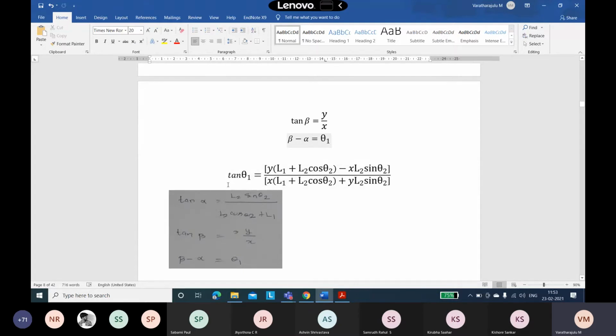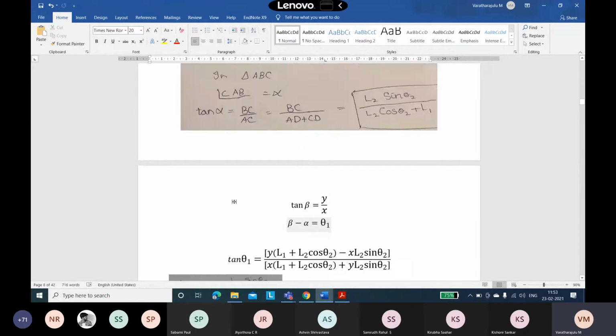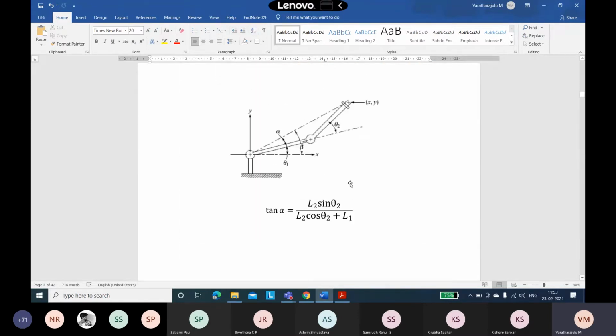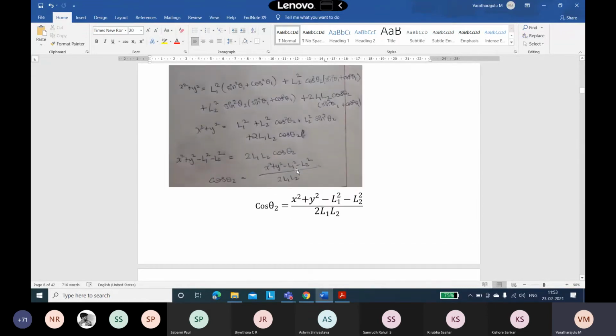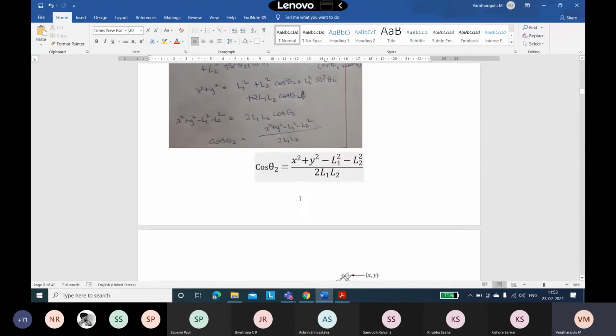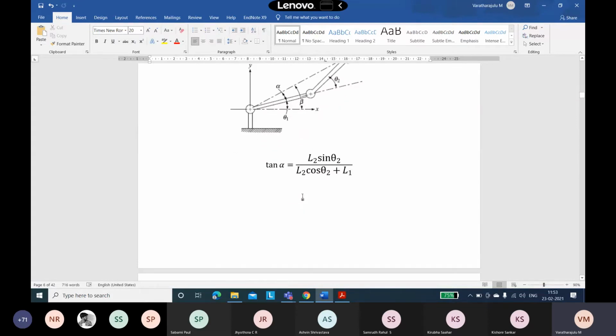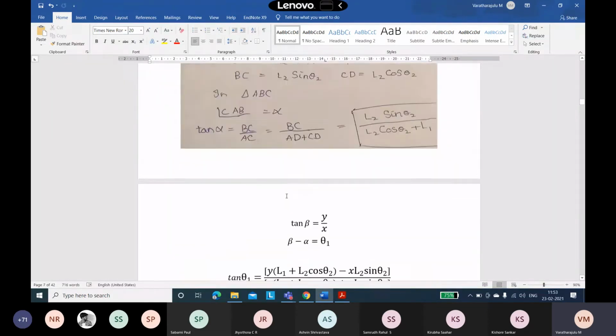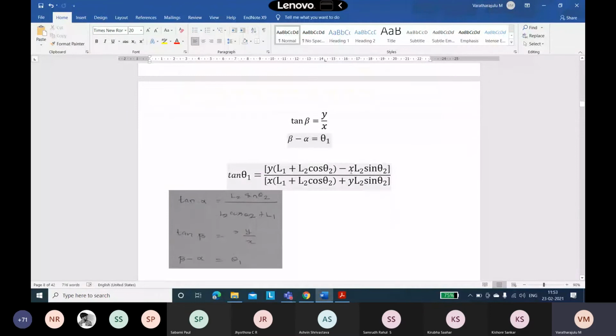Therefore, we need to get tan theta 1. We will derive tan theta 1. Now we are concerned about theta 1. Here we were concerned about theta 2, and now we will concern about theta 1. What might be theta 1?